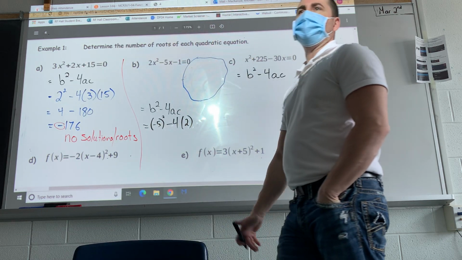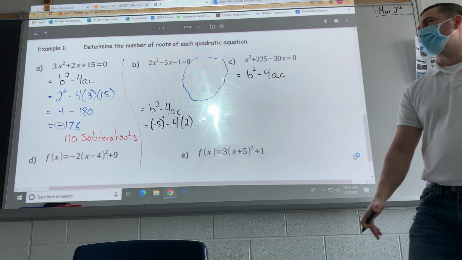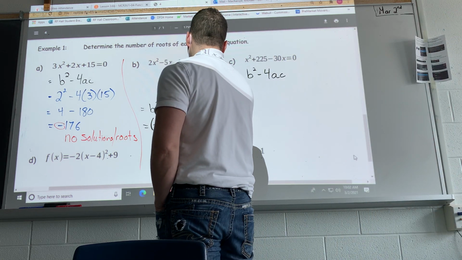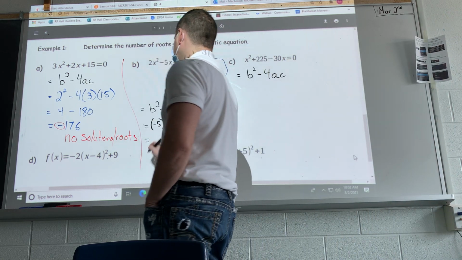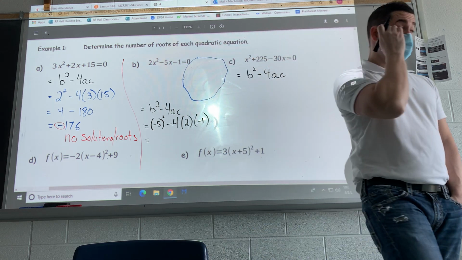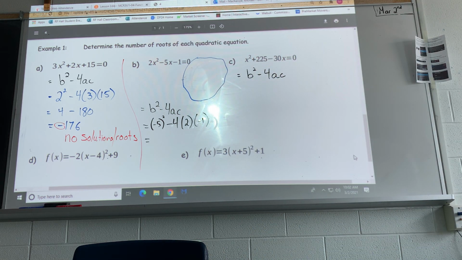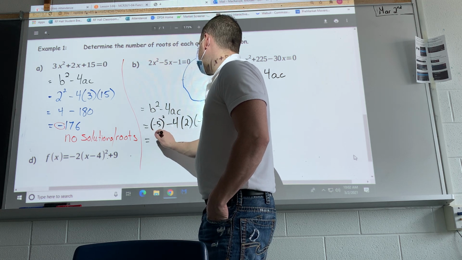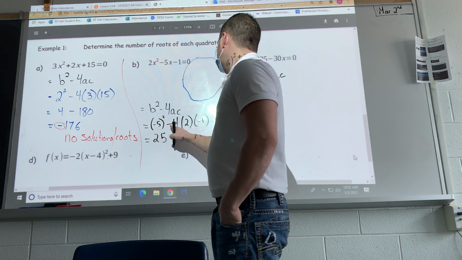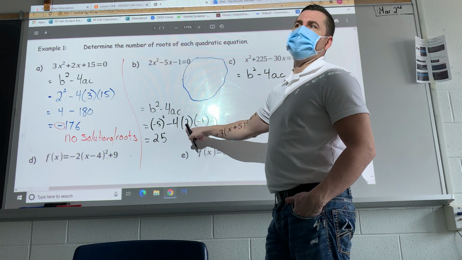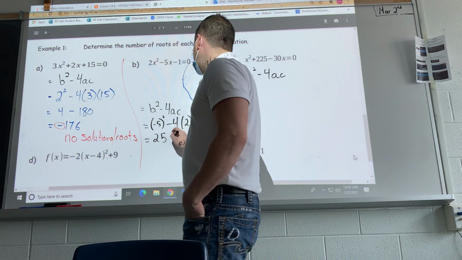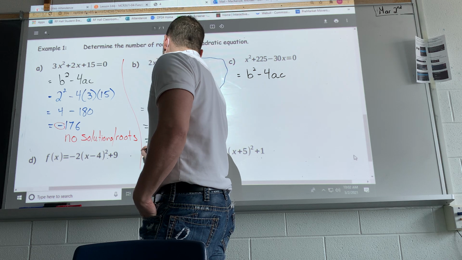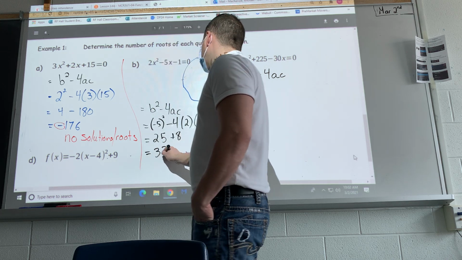Good, and our c value? -1. So we get -5 squared is 25. -4 times 2 is -8, and times -1 is +8. So you get the answer of 33.